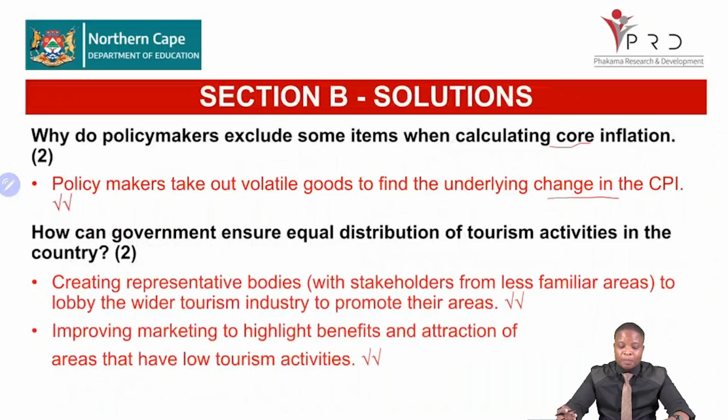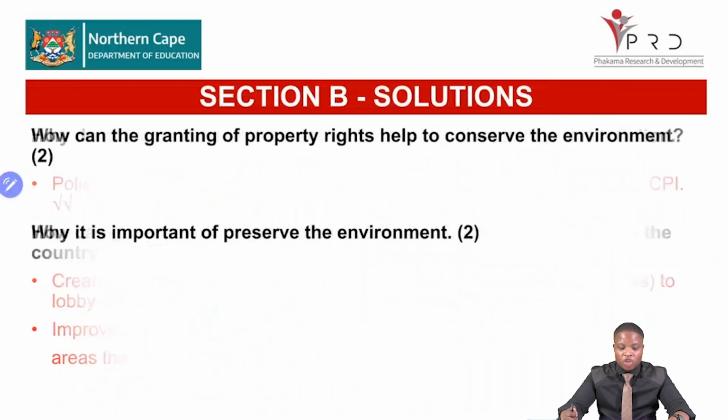By creating a representative body, people who can market the product. A representative body: if you come to a city, they must have different pamphlets for different areas, so that people are aware of those places. Improving marketing to highlight the benefits of the attractions of the areas which are less known, so they need to market those areas.